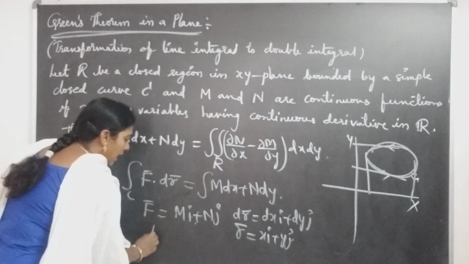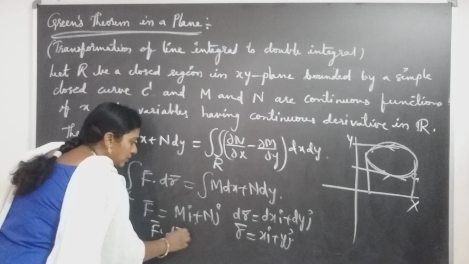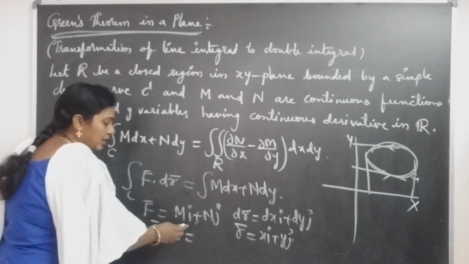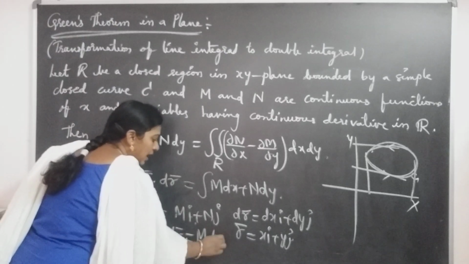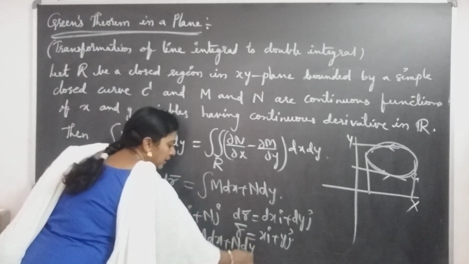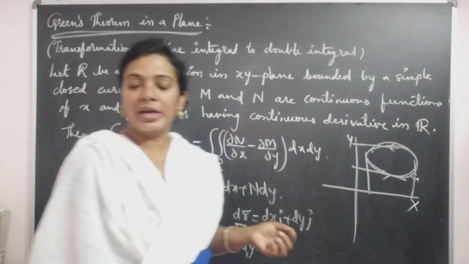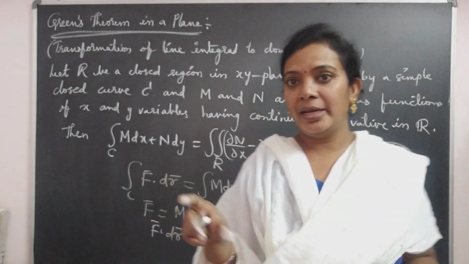Then F dot dr is the multiplication of these two, with i dot i equal to 1, so it is M dx plus N dy.